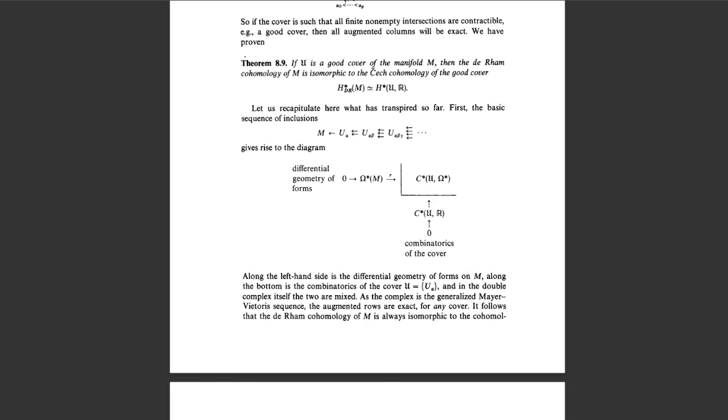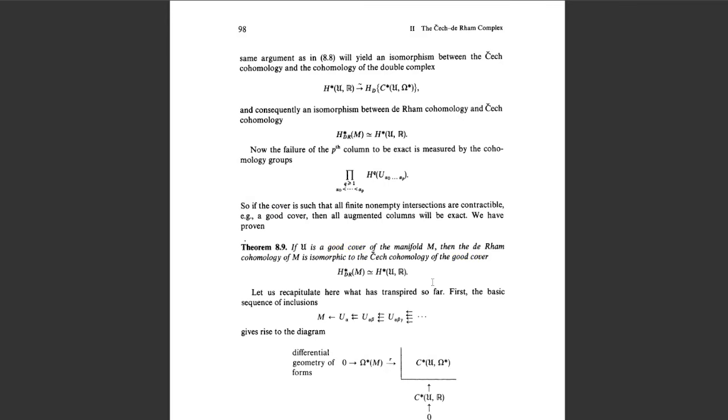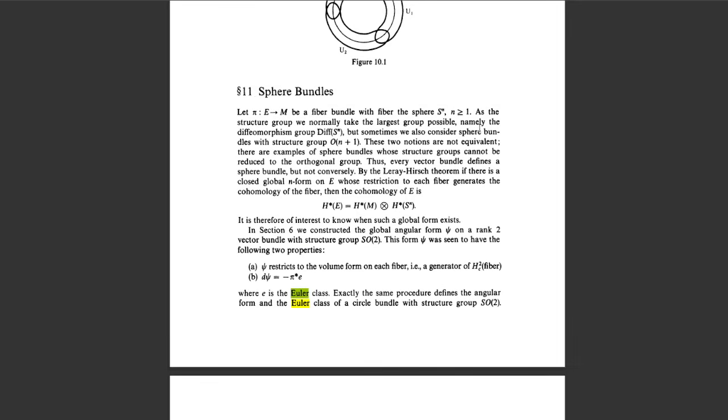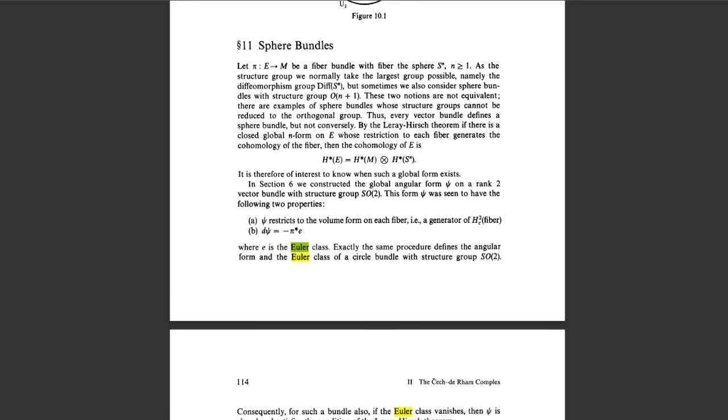Now the Euler class gets introduced as well, with sphere bundles, which is super important for physics because within the Čech-de Rham theory you have the language of Dirac monopoles, holonomy, and higher form symmetries.